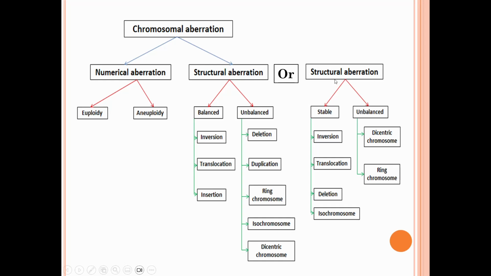Structural aberration can also be stable or unstable. Stable can be inversion, translocation, deletion, isochromosome, and unstable can be dicentric chromosome or ring chromosome. So that is the topic. Thank you.